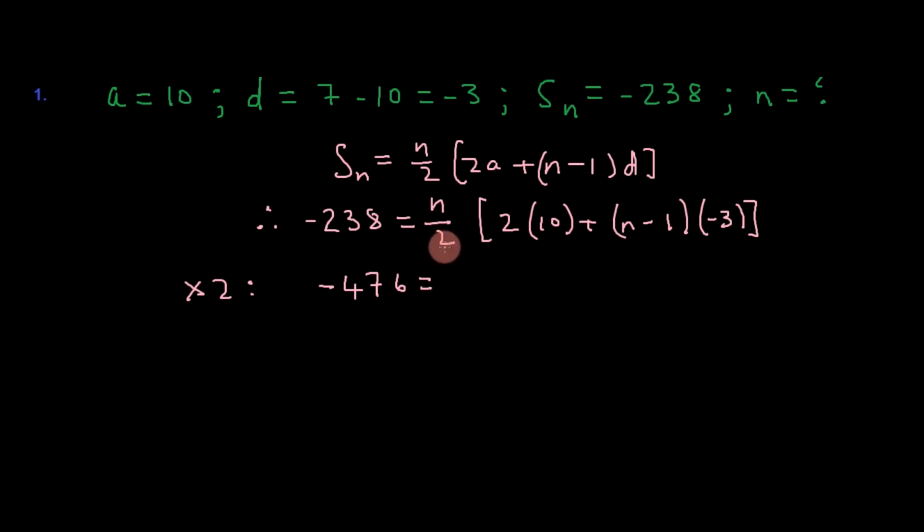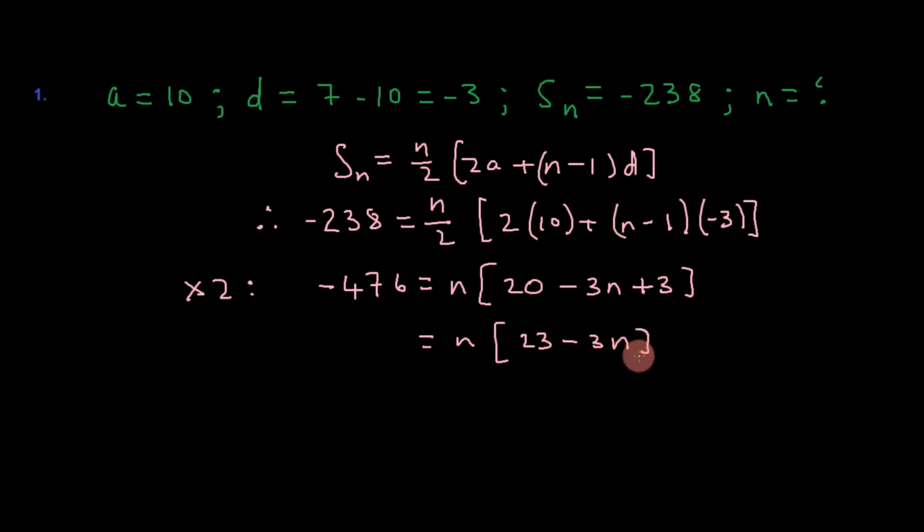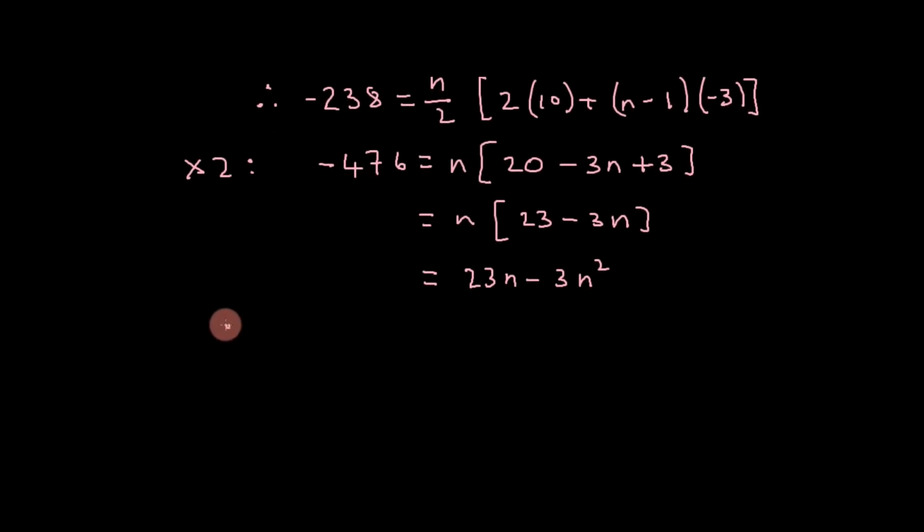On the right hand side, the 2's cancel here, and we can also simplify inside the brackets. Adding like terms inside the brackets and multiplying the n into the brackets. Now we can take everything to the left hand side. And we end up with a quadratic equation.